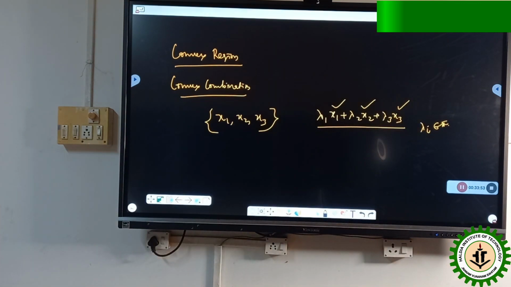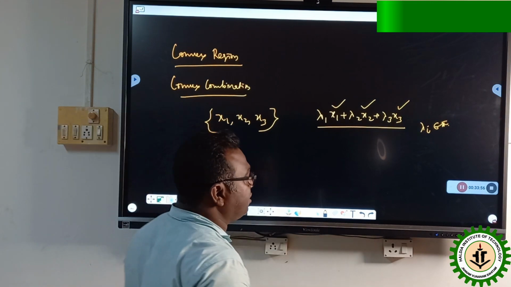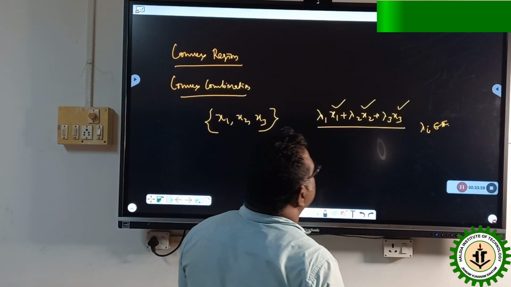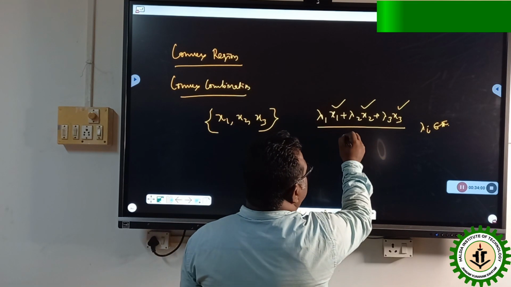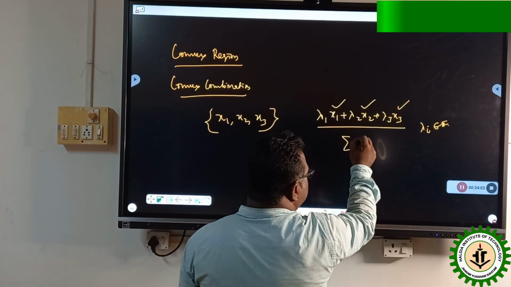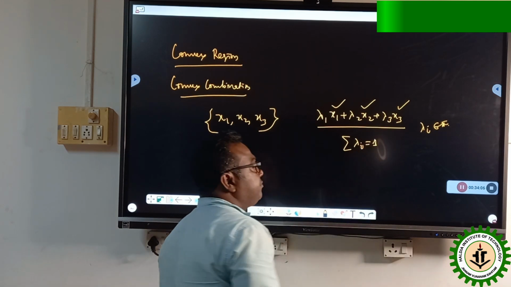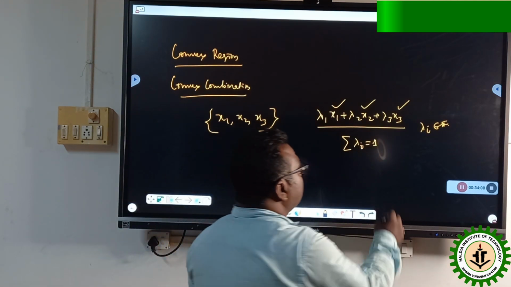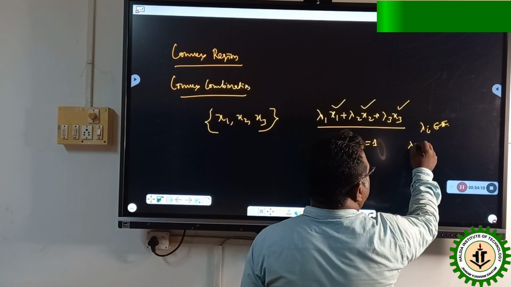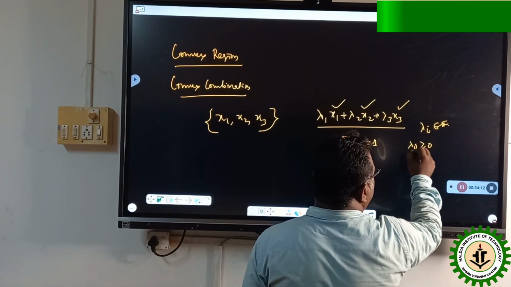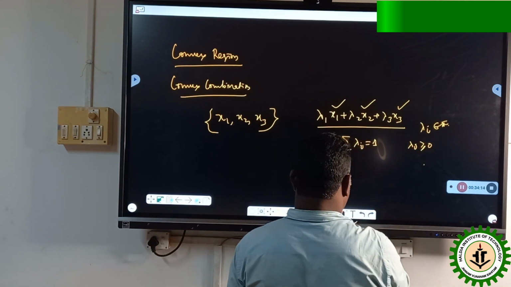But if we impose only one condition, which is defined as summation lambda i equals 1, where lambda i is greater than or equal to 0. Sorry, greater than 0 you can say, not equal to 0.